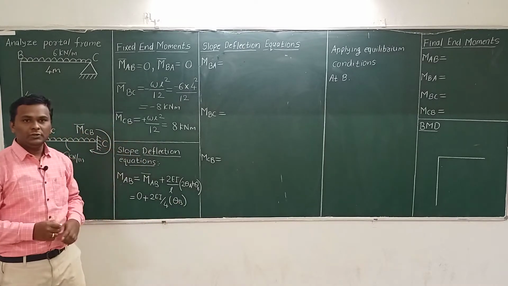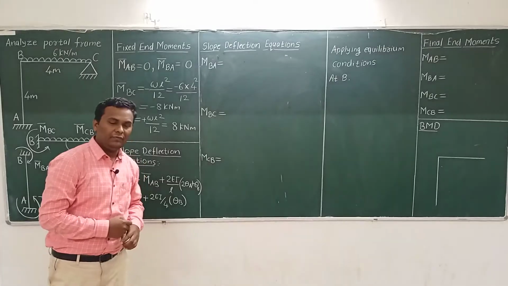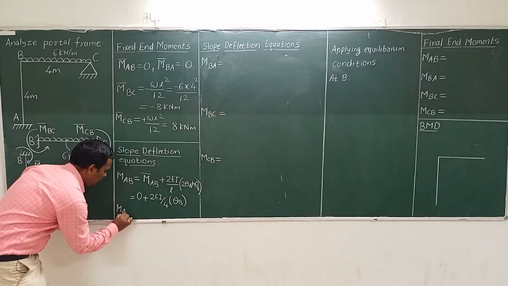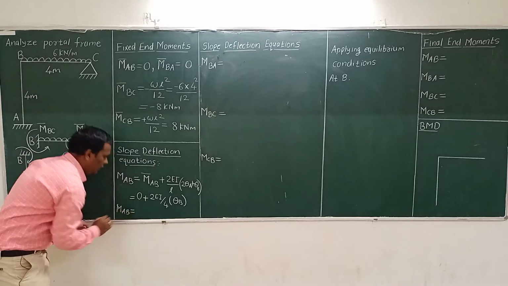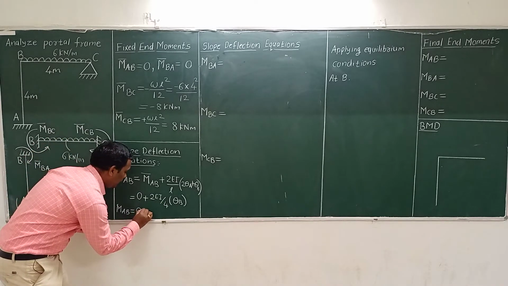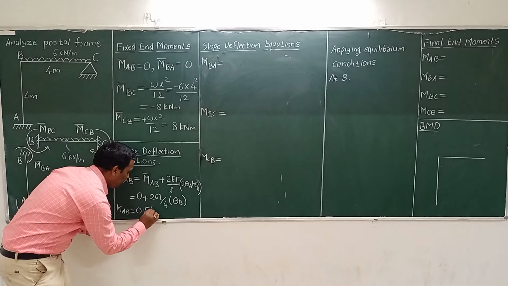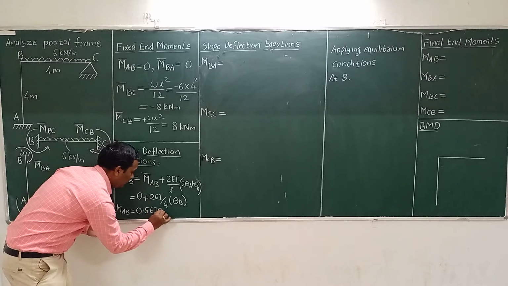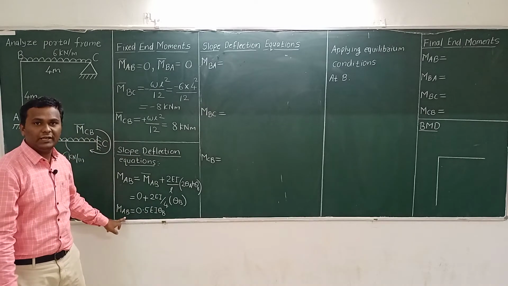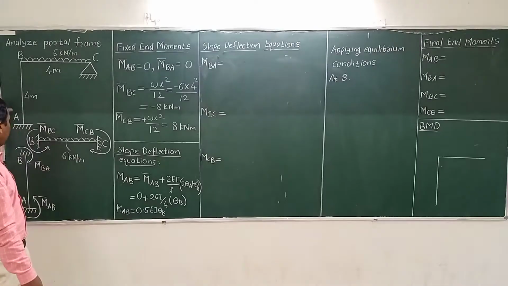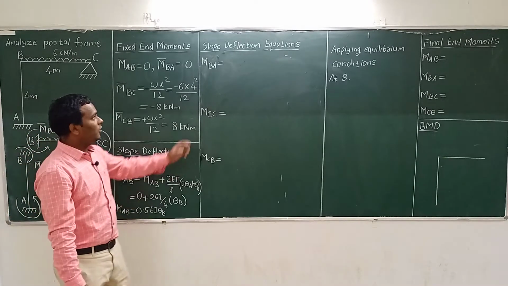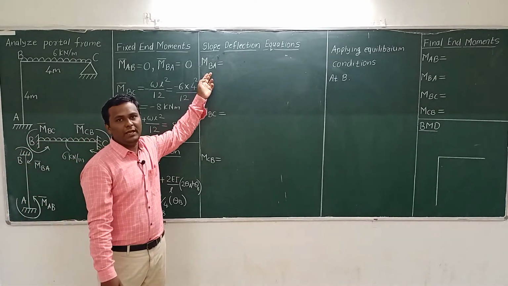So when we multiply this, finally we will be getting MAB is equal to 0.5 EI theta B. So this is the first slope deflection equation for span AB, which is the end moment at A. Now let us go for the next one, that is MBA.